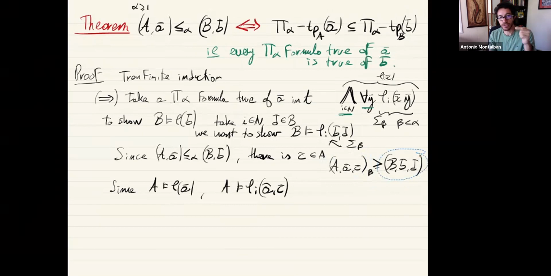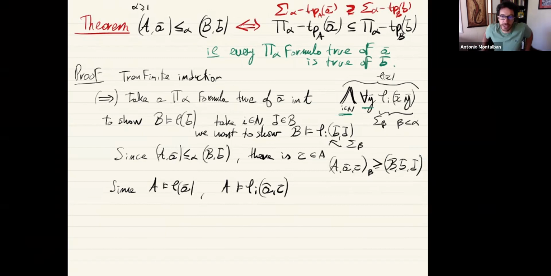So it's the same thing as saying that every sigma alpha, sigma beta formula true here is true here. In the case of sigma betas, it goes the other way. Let me write that down up here. So this is the same thing as saying that the sigma alpha type of A in A is a subset, these going the other way, because these are negations.